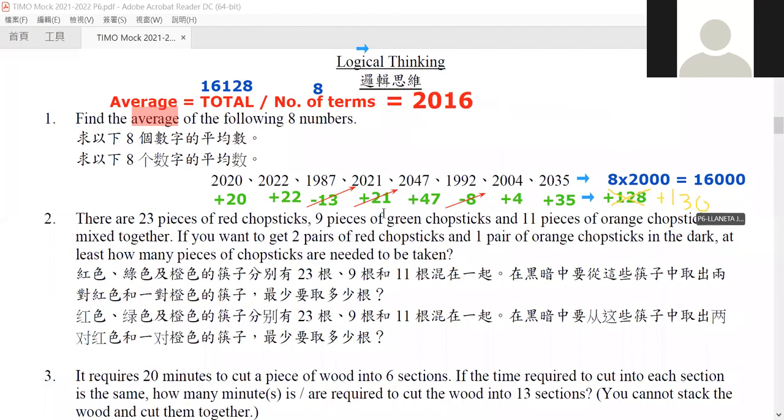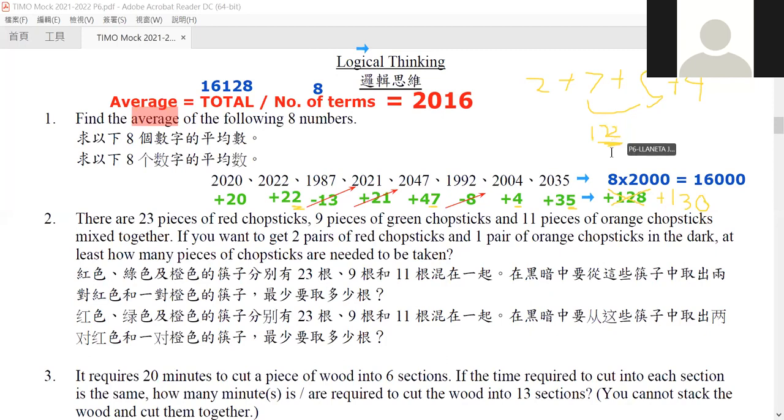Or is this 130? No, it's not 130. Why? Yeah, 2 plus 7 plus 4 plus 5, plus also 2 plus 7, this is equal to 12.